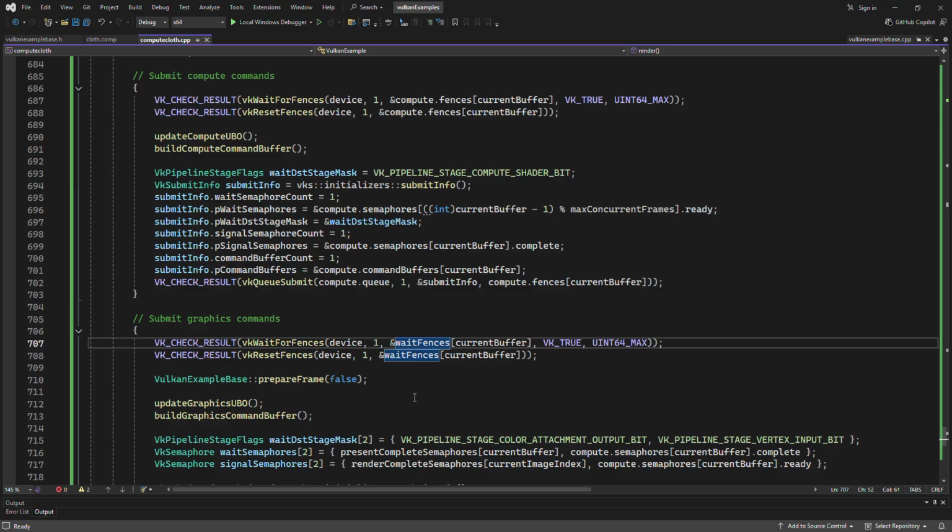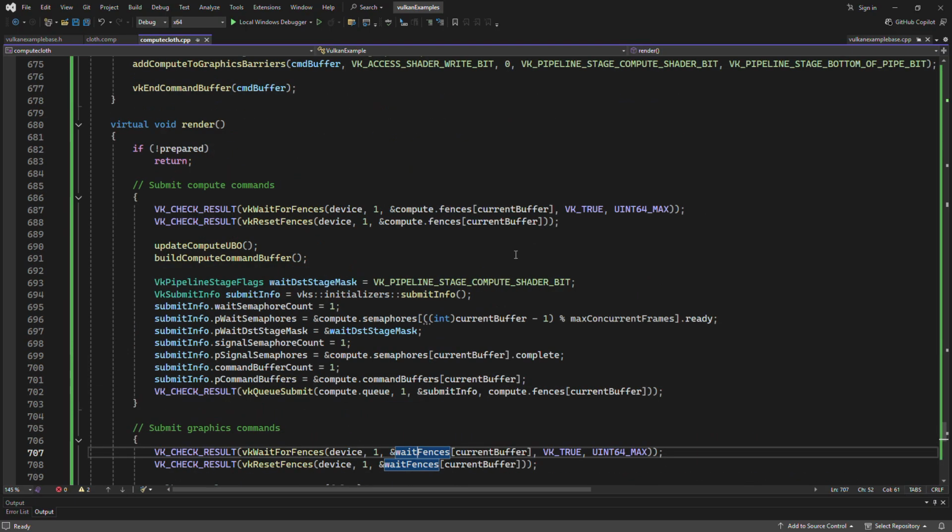And that's important because you kind of want to section off compute command submissions and graphics command submissions, right? You want to section it off. I was wondering, well, why not just have one fence for both of them? But it's going to complicate things because you also have to understand that queue families may be separate, or they may be the same queue.